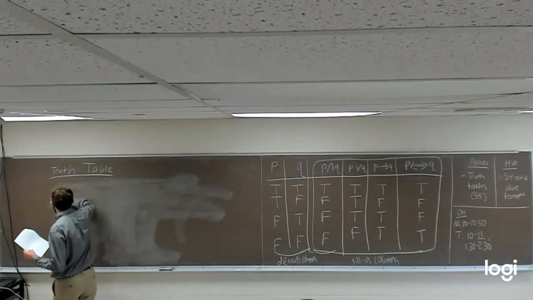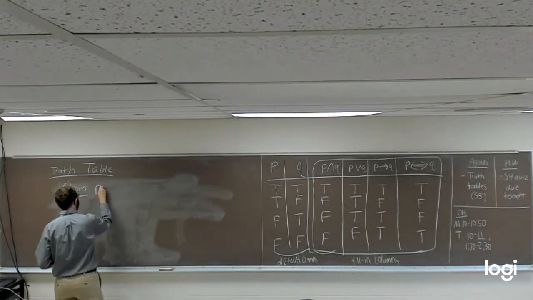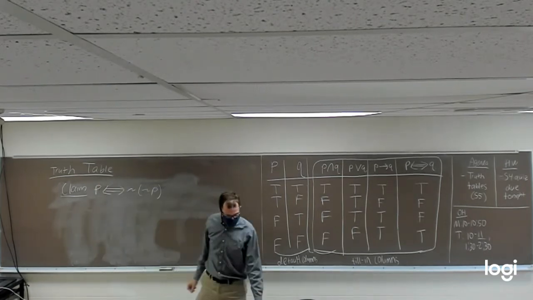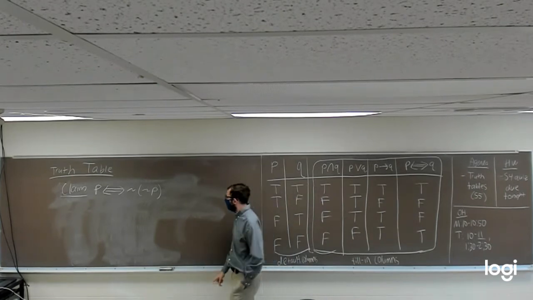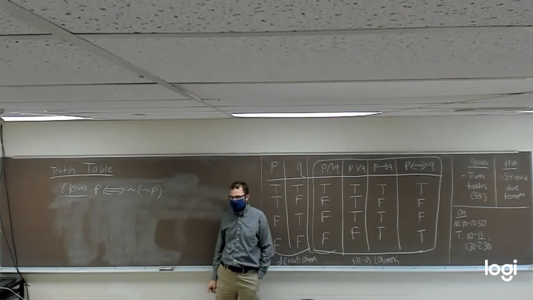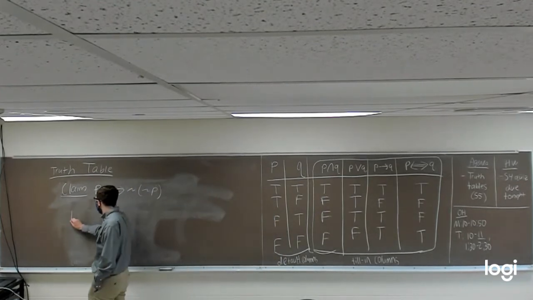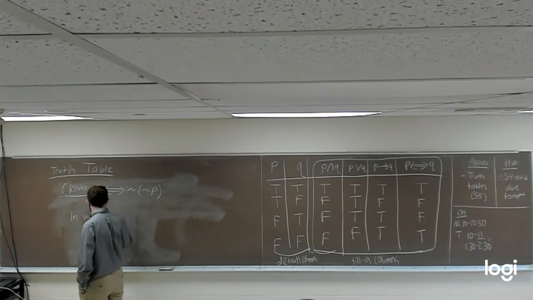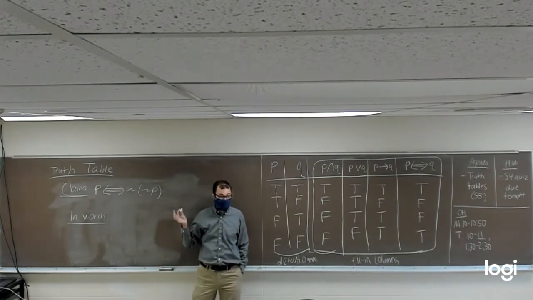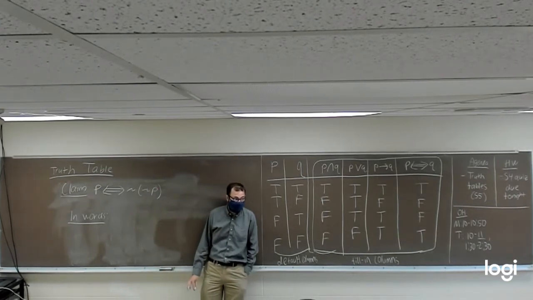The fact that given a statement P, I claim that P, in this case, is logically equivalent to the negation of the negation of P. If we wanted to take this mathematical statement right here, because this is a mathematical statement, just one written down symbolically, how could we put that in words? How could we describe that colloquially?